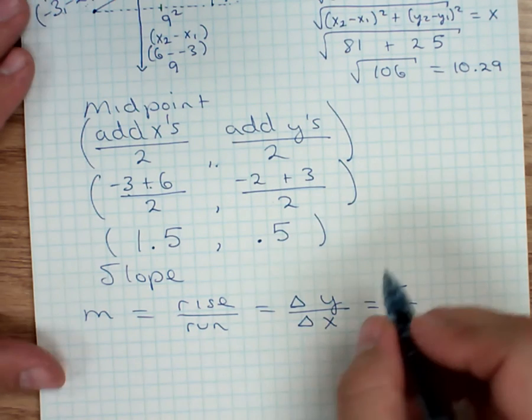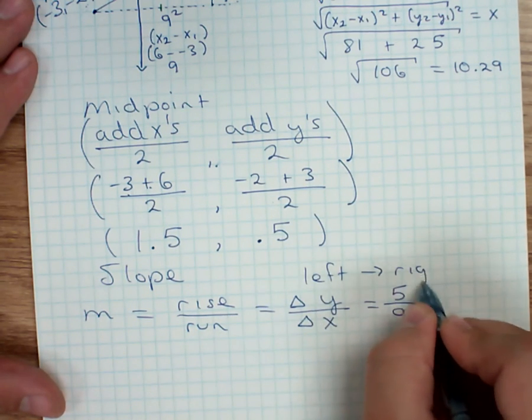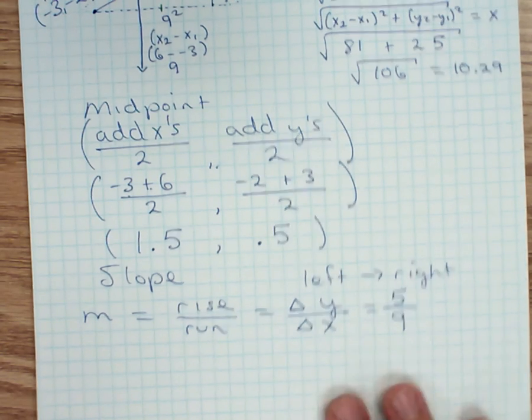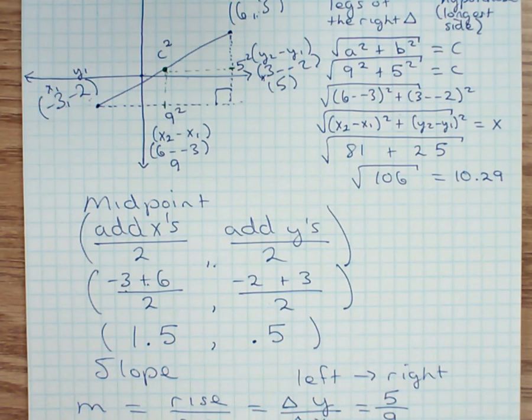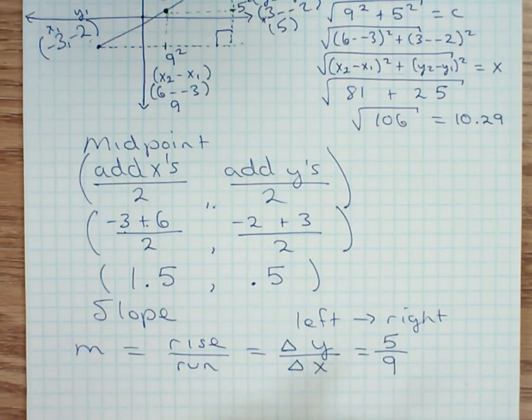And you always have to go from left to right so that you have a proper idea of if it's positive or negative. Okay, and that slope will be essential today with reasoning, because our big idea is reasoning with slopes and length today.